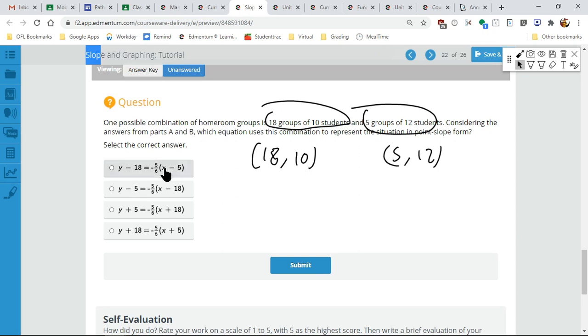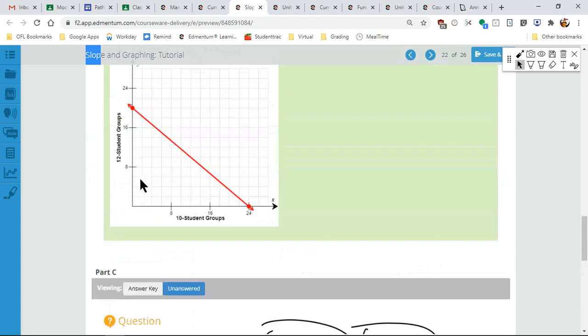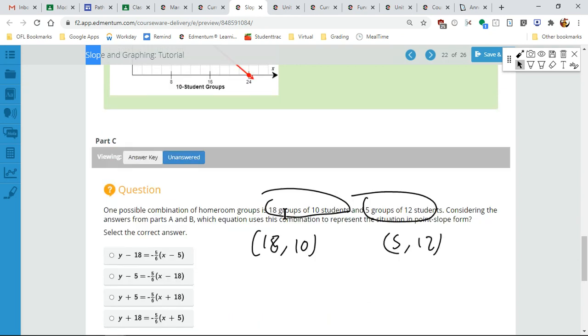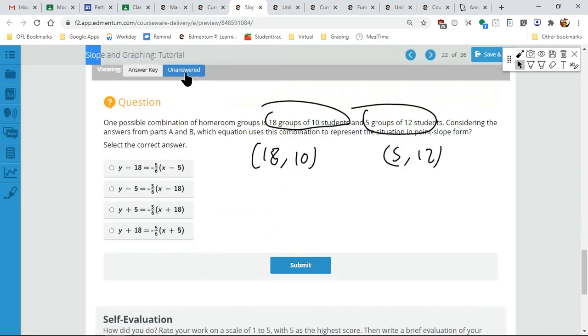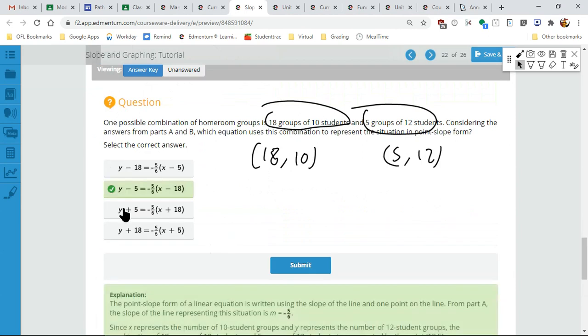Anyways, so what we're going to do here is see how we can do this. So we can do it as y minus 12. None of them have y minus 12. Or we can do y minus 10. Am I doing these right? Student groups 12 minus 5. Do I have these backwards?